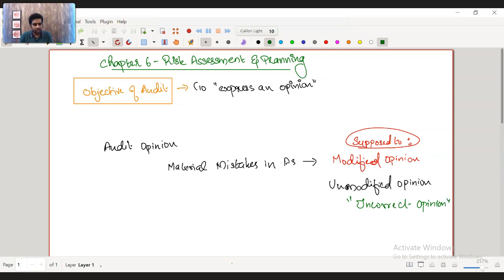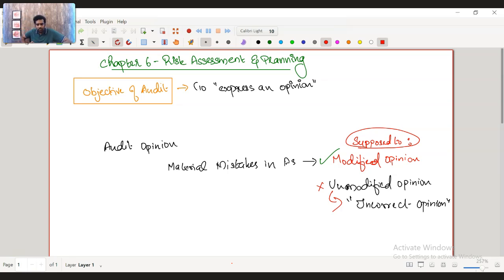So is this the objective of an auditor, to always issue an unmodified opinion? No, that's not your objective. This was wrong and this was right. Since you gave an unmodified opinion, your opinion was incorrect.